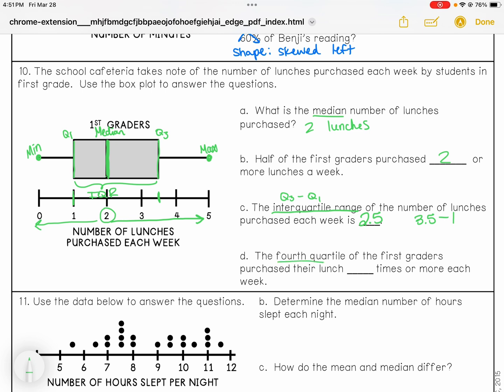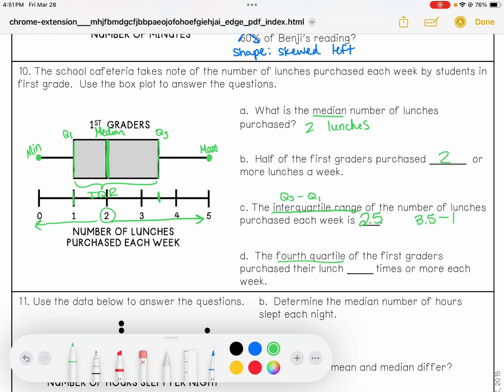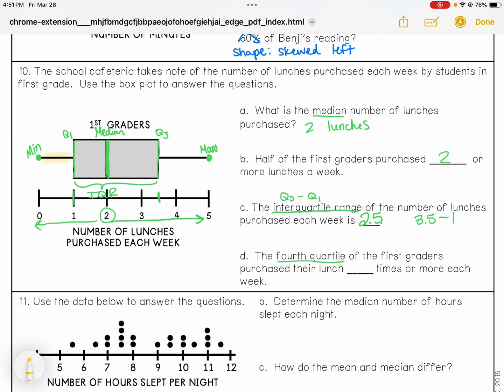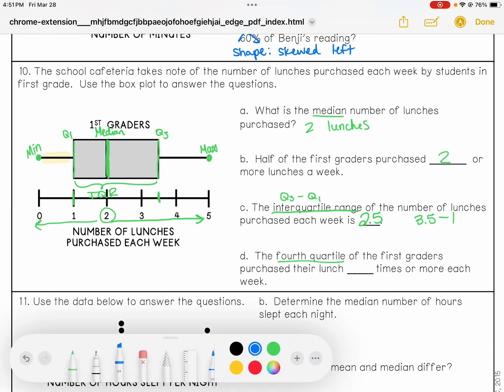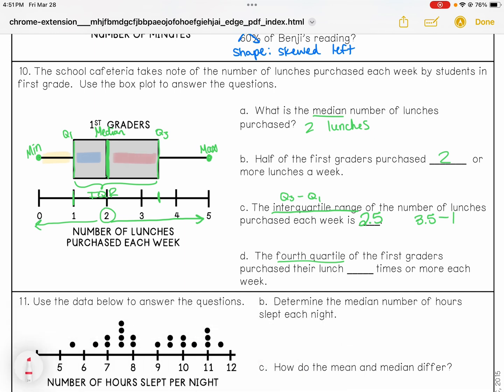The fourth quartile of the first graders purchased their lunch blank times or more. So now remember, we see 4 specific sections of a box plot. We got the first quartile, that's Q1. We have the second quartile, which is here. The third quartile, which is here.